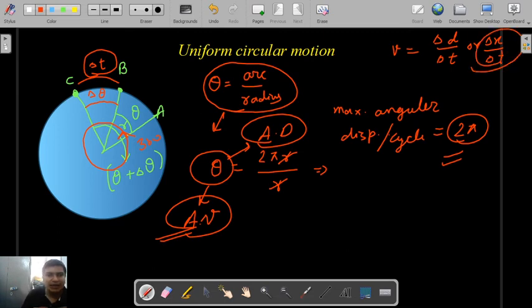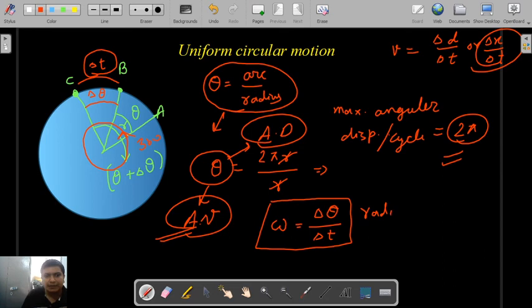In the same way, angular velocity omega is change in angular displacement, that is delta theta per unit time. This is called angular velocity. Its unit is radian per second. I hope you can get this point.